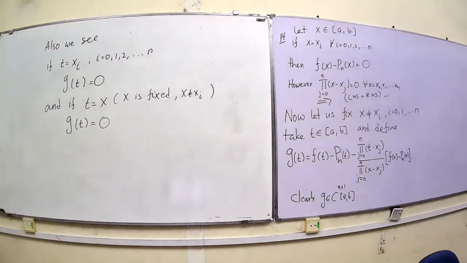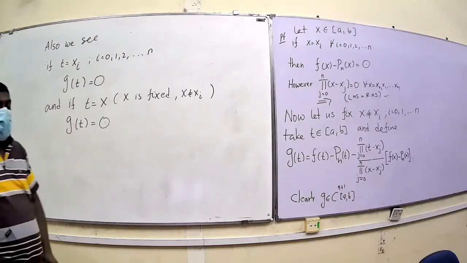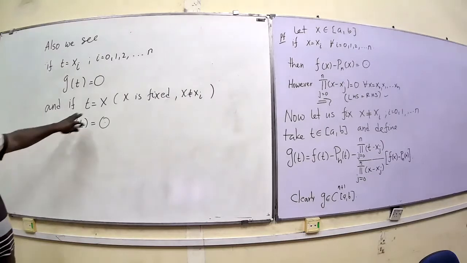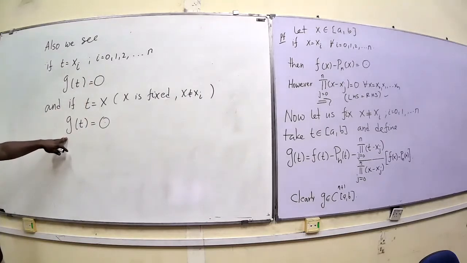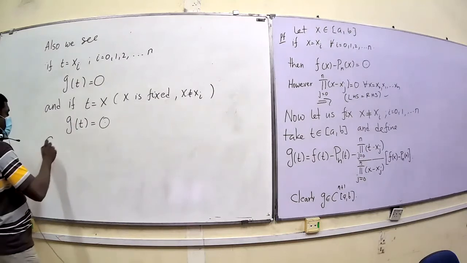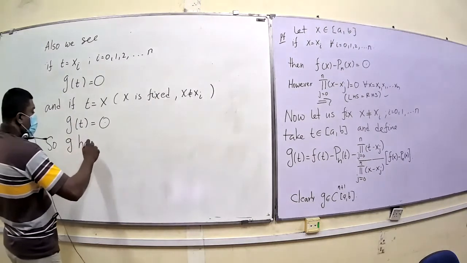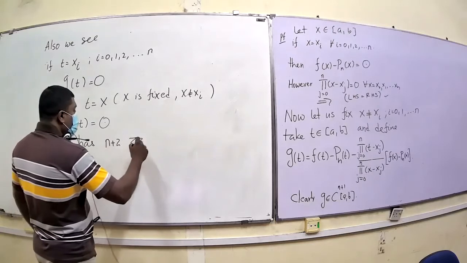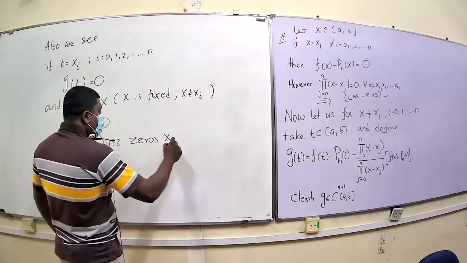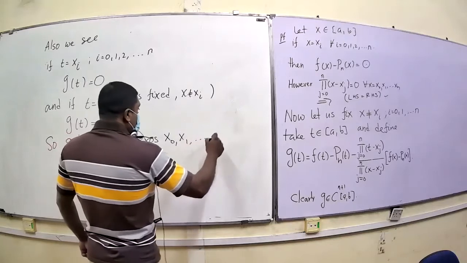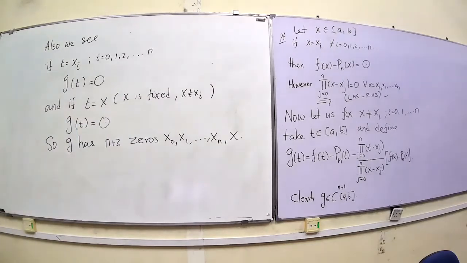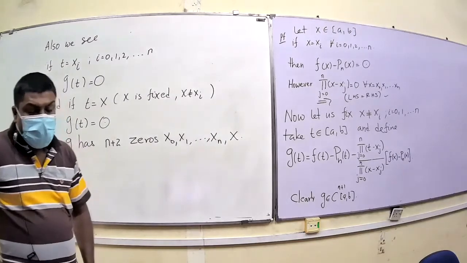So you can easily see that whenever t is equal to x, g of t is also 0. So what you have is that g has n plus 2 zeros.